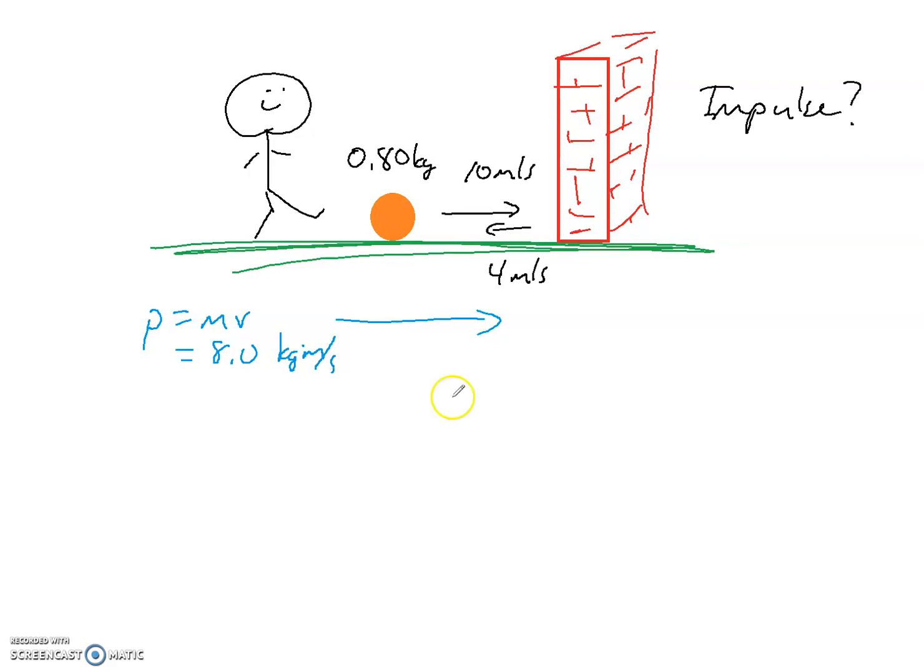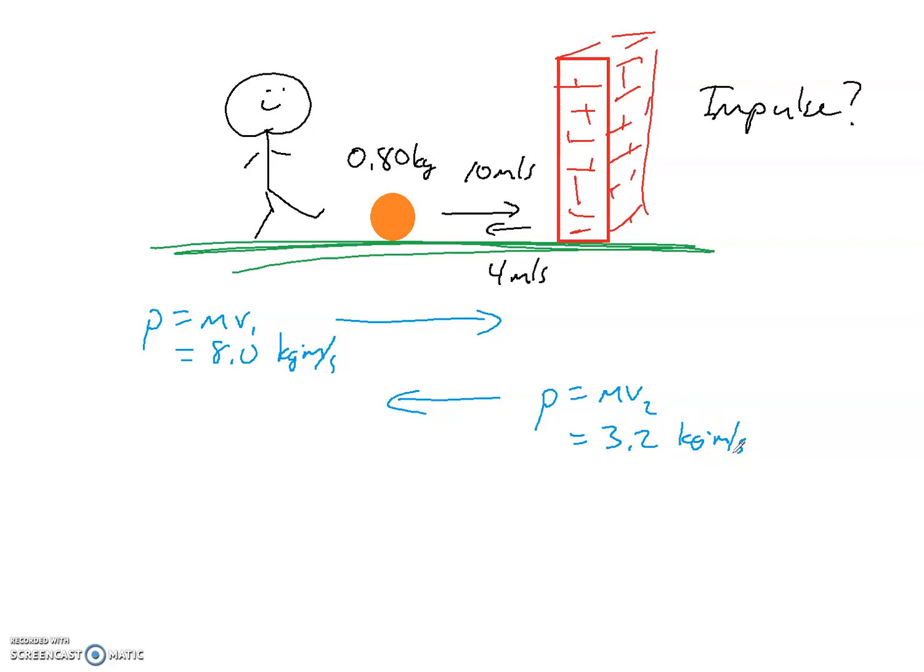On the way back, I can do the same thing: momentum is equal to mv, and I'll call it v2. This would be v1. So on the way back, I've got the 0.8 and the 4 multiplied together, and I've got 3.2 kilogram meters per second on the way back.